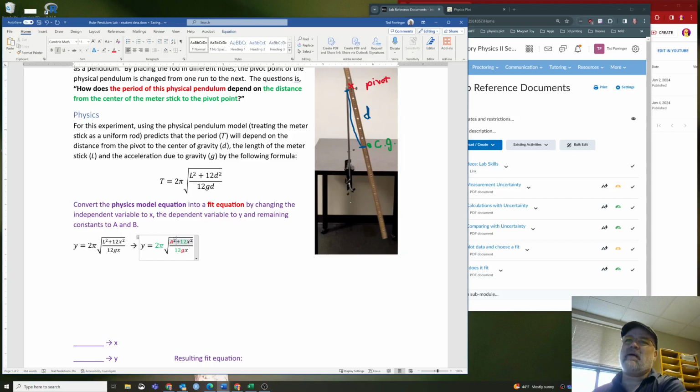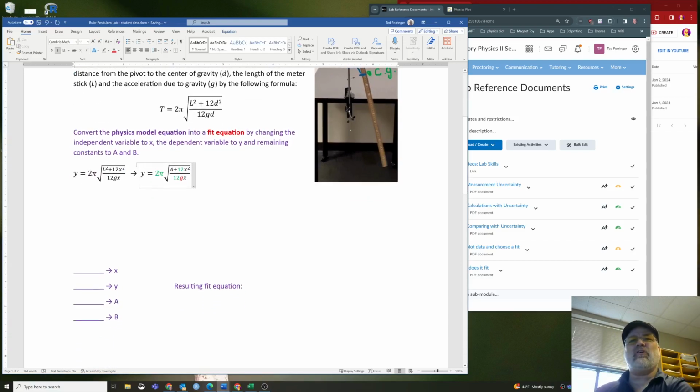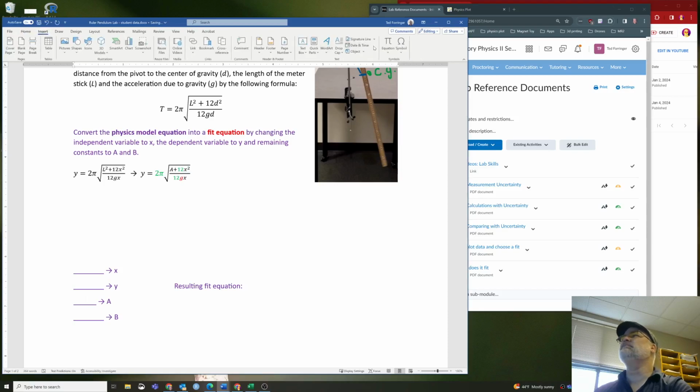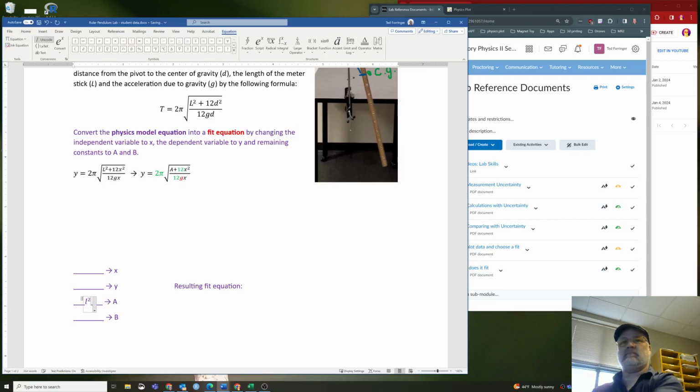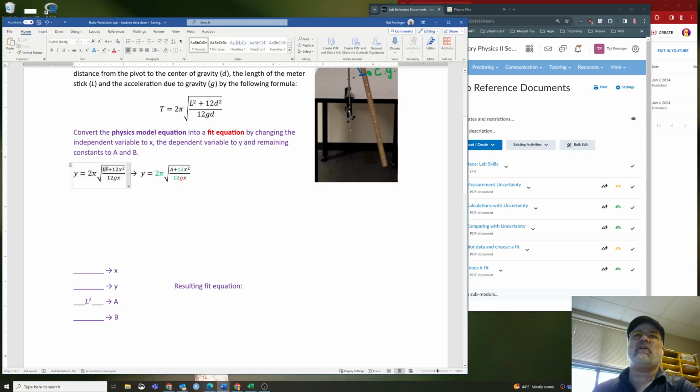But actually, I'm going to take this whole thing, A squared, and call it A. So what happened is I took L squared and replaced it with A. See, this L squared here became this A. So my L squared became an A.